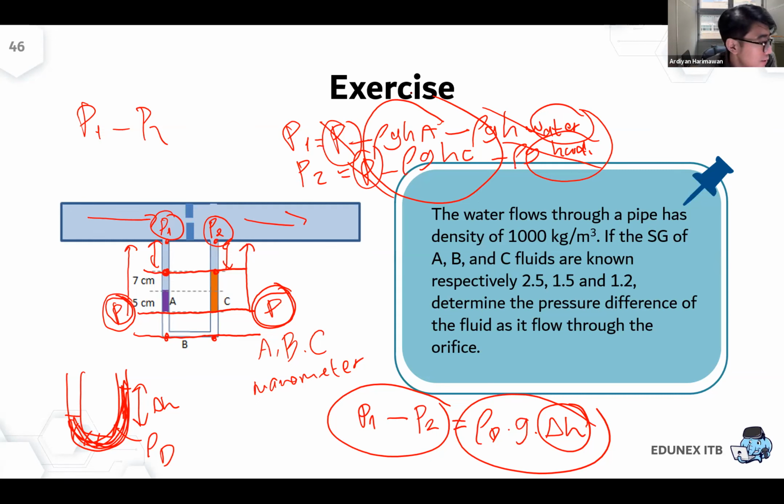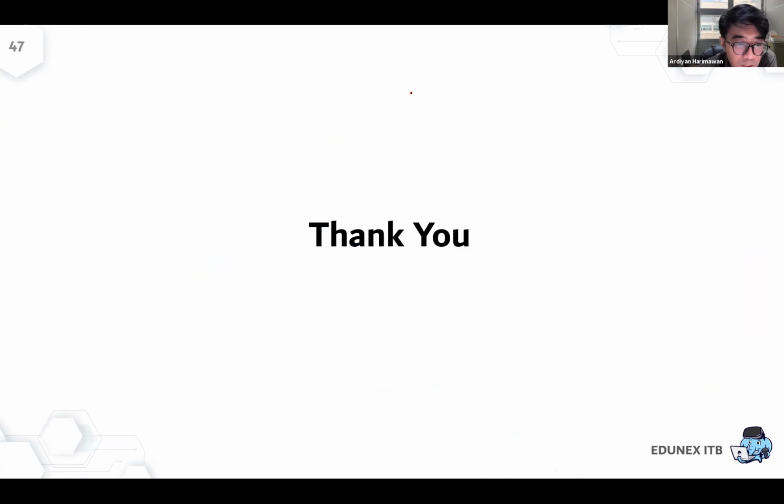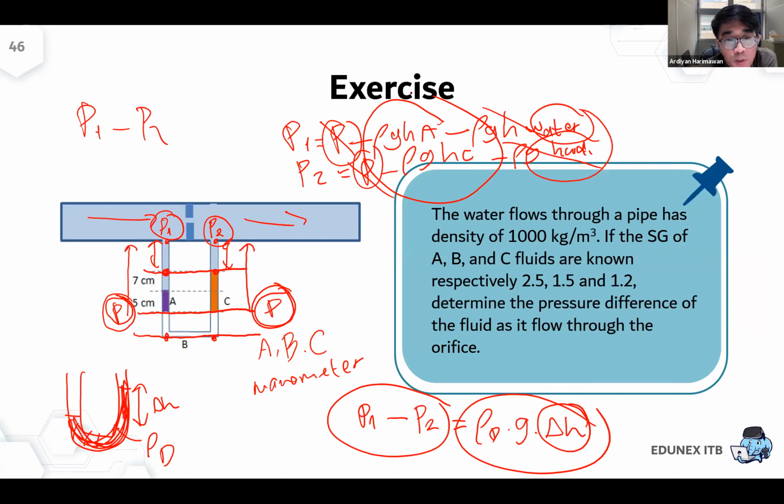Okay, any question? Okay, if you have no question, I don't know whether you really understand or you have not yet done the exercise, but I hope you do the exercise later because next week we will have exam.